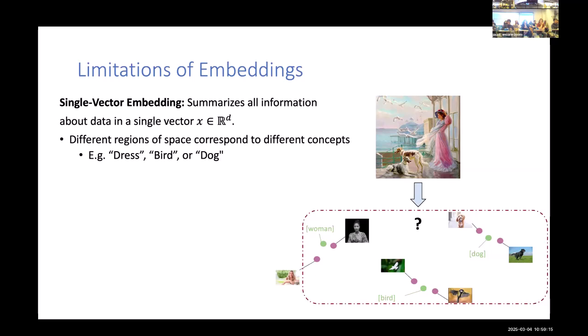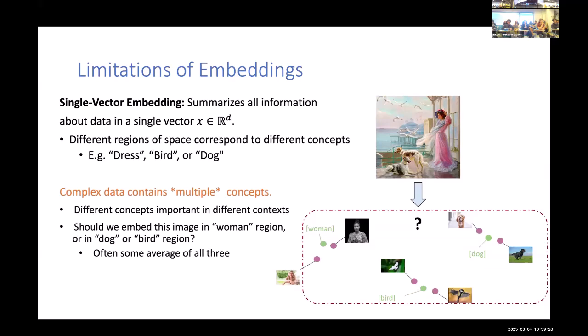It's a little blurry, but you can see there are some birds flying in the background, and a woman wearing a dress. So there's also a region of space in these learned models for dresses, a woman, and also birds. So we have complex data that contains multiple concepts, and each of these individual concepts can be well represented by some region of space, which captures the nuances and details of that region.